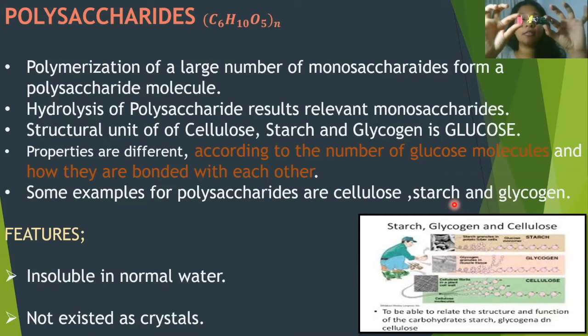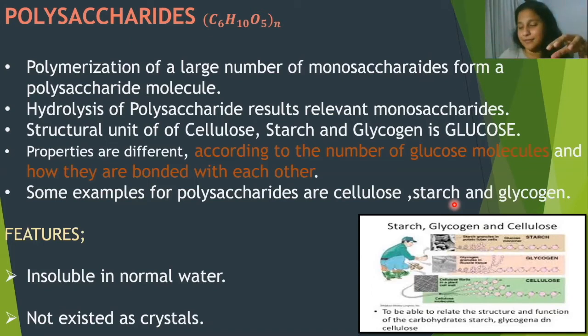This is called polymerization: a large number of monosaccharides form a polysaccharide molecule. It's a network actually, a gathering of units, and when it forms a network that is called polymerization.